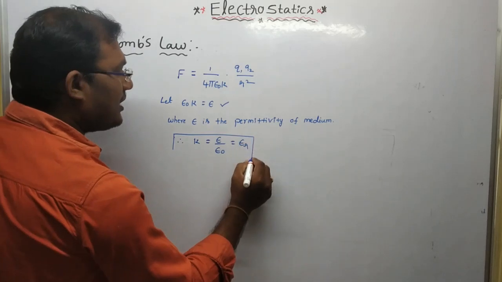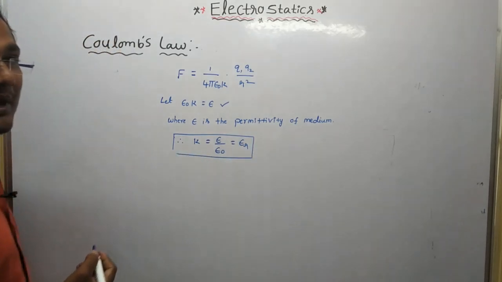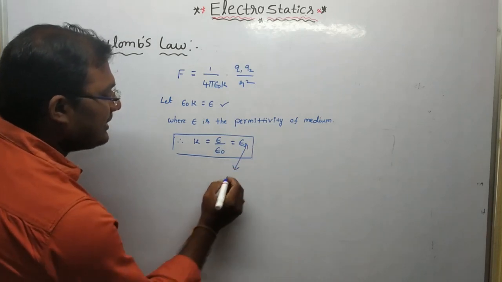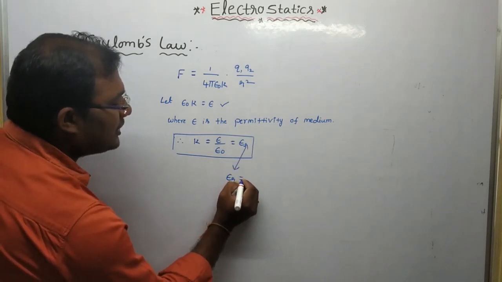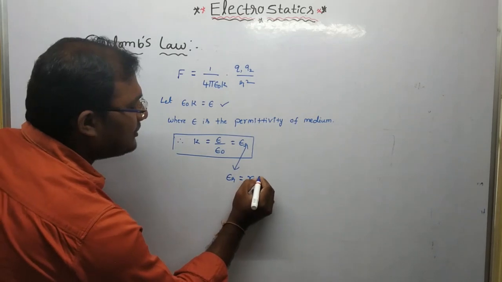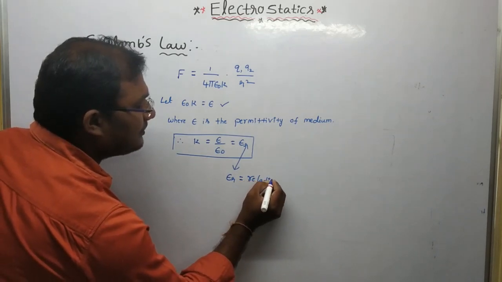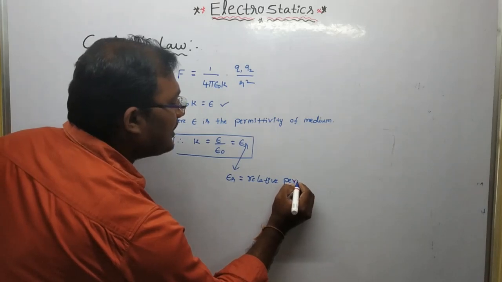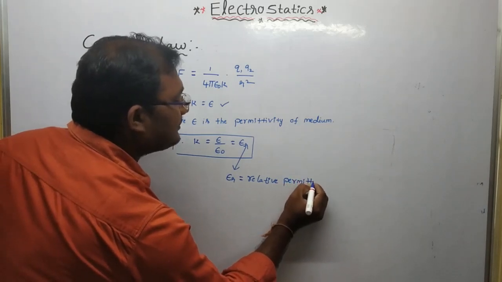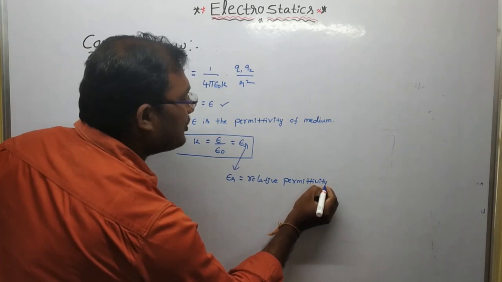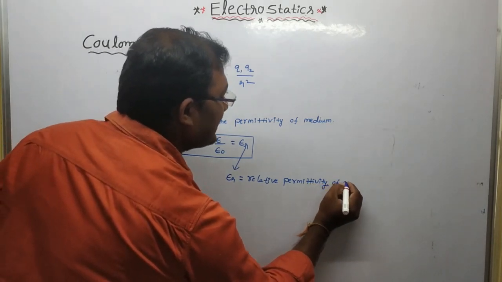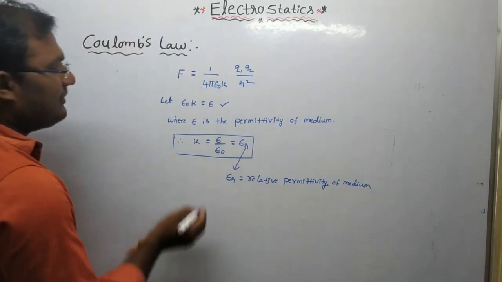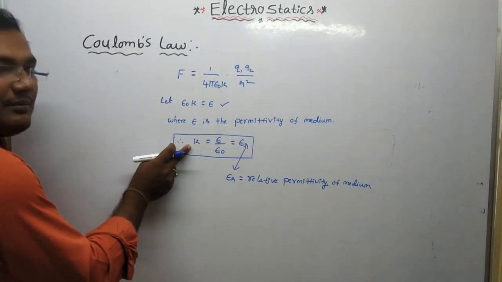Here, epsilon R is the relative permittivity of the medium.